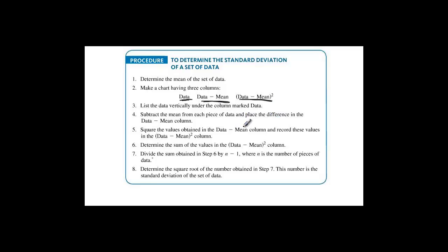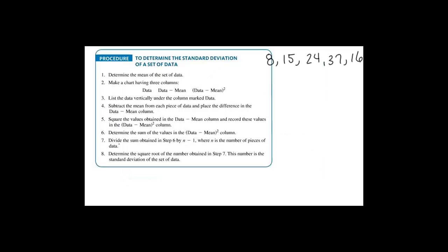And then once you do that, we'll be able to fill in that formula appropriately. So let's look at a set of data. Let's look at the data set 8, 15, 24, 37, and 16. So first we want to determine the mean of the set of data.